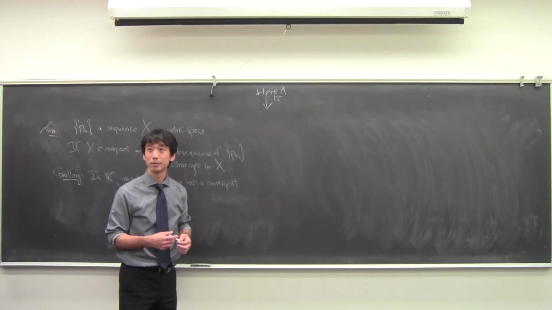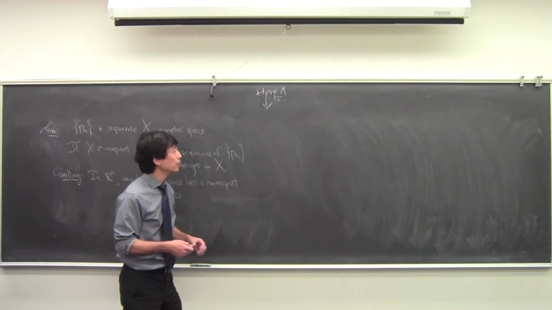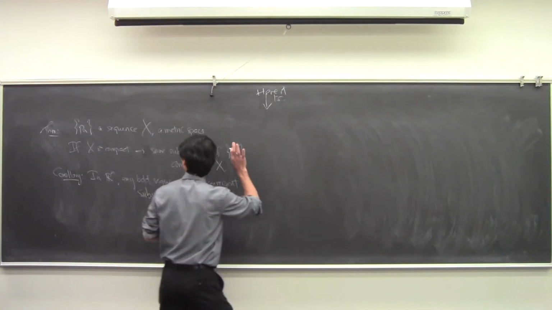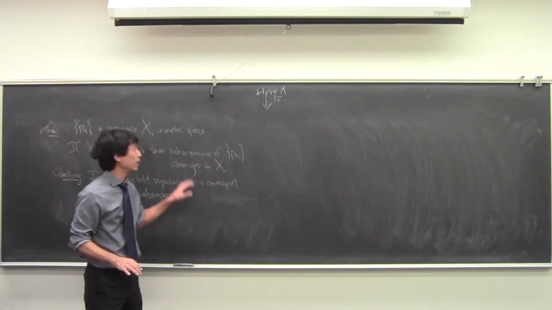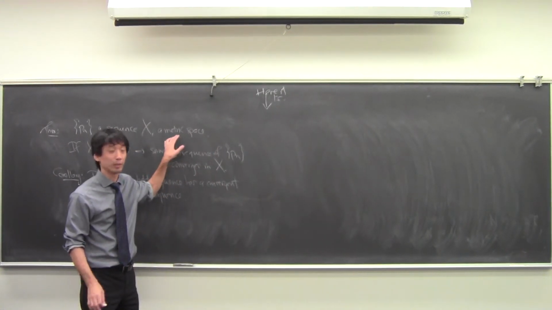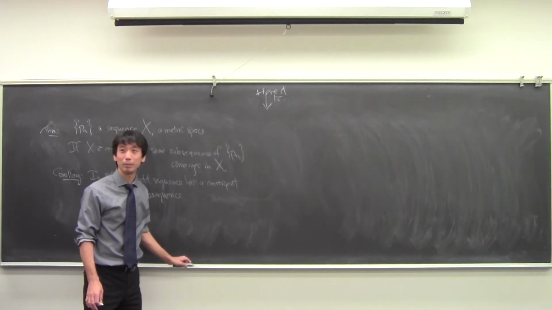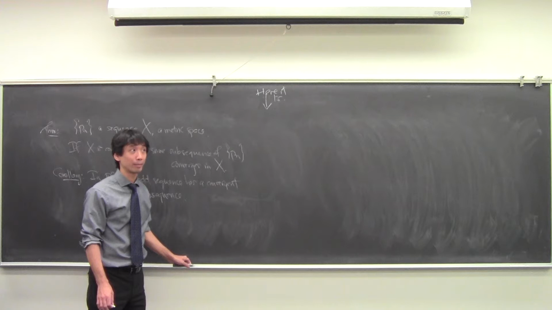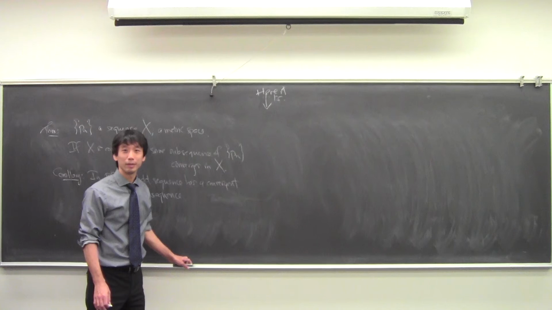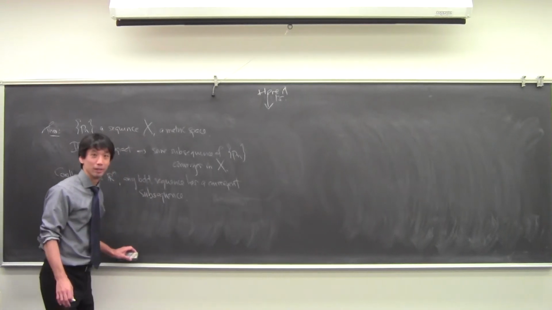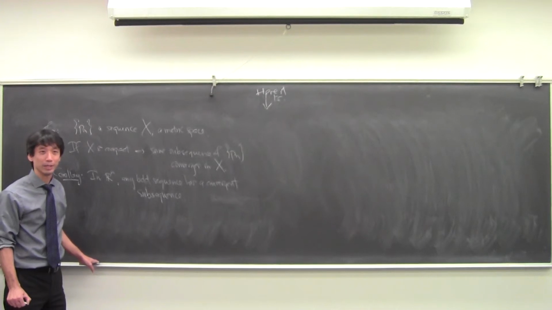So remember, first off, we're not necessarily in Rn. We're just in some compact metric space. Does anyone have an idea?